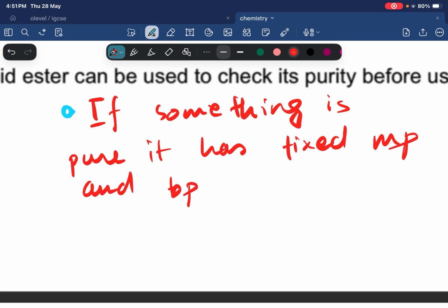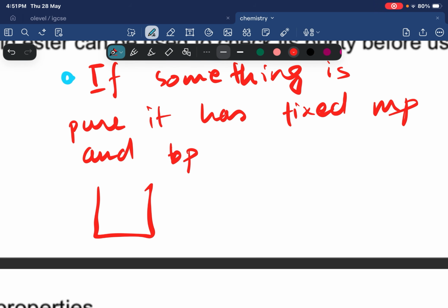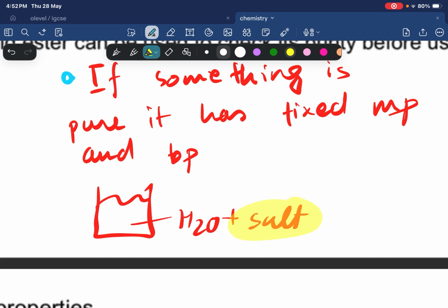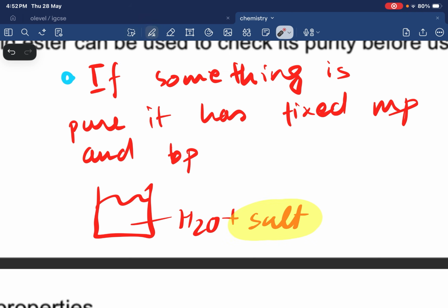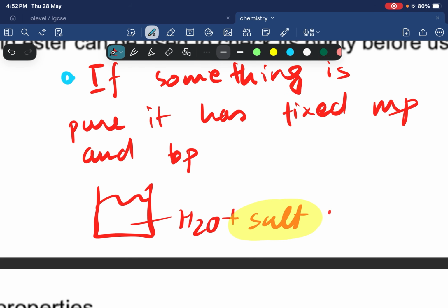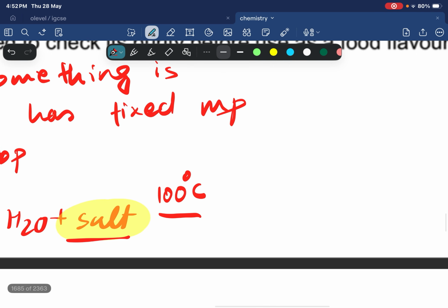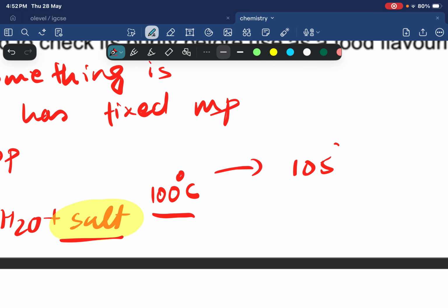If it has a range, for instance, I take water, okay, I have H2O over here that has salt in it. Now the problem is that this salt is the impurity in water. So what's going to happen is that my water previously used to boil at 100 degrees Celsius, right? Water boils at 100, but because I've added salt into it, now my water is going to boil at 105 degrees Celsius.